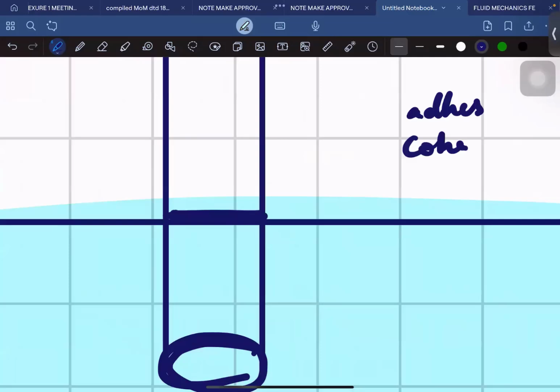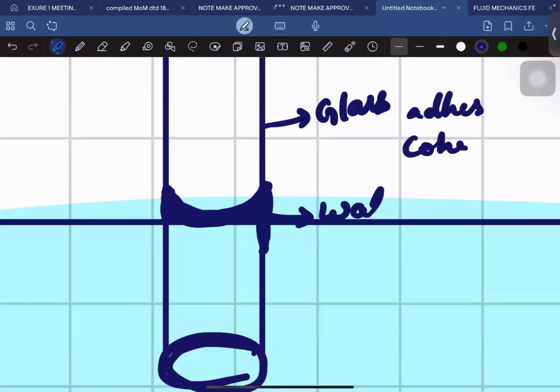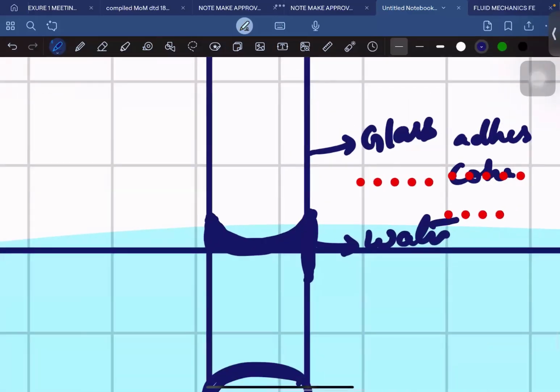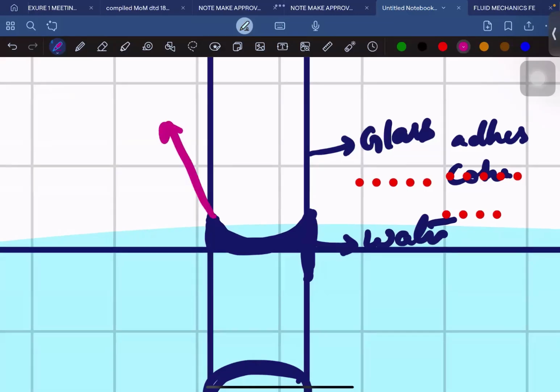Because of this, there will be a slight angle of contact between the glass and water. If I draw some angle like this, and this is the glass, this we call the angle of contact.